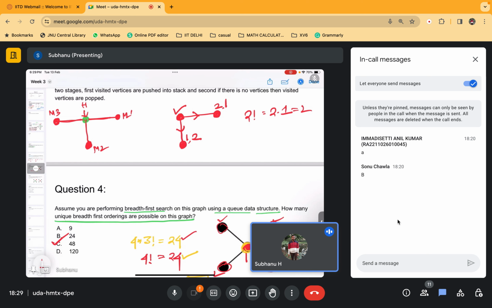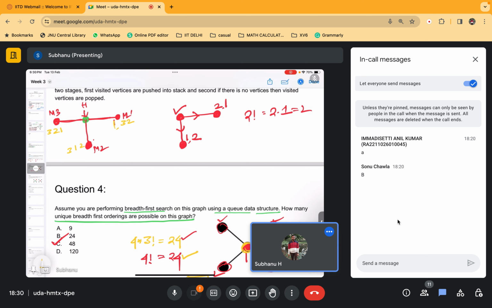So how many possible options are there? You can first visit this one, then second this one, then third this one. Or first this one, then this one, then this one. So how many possible options will there be like this?